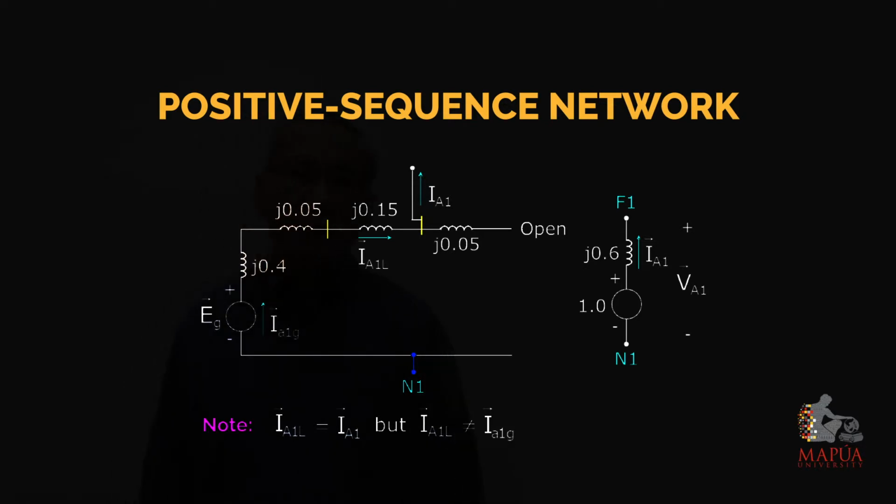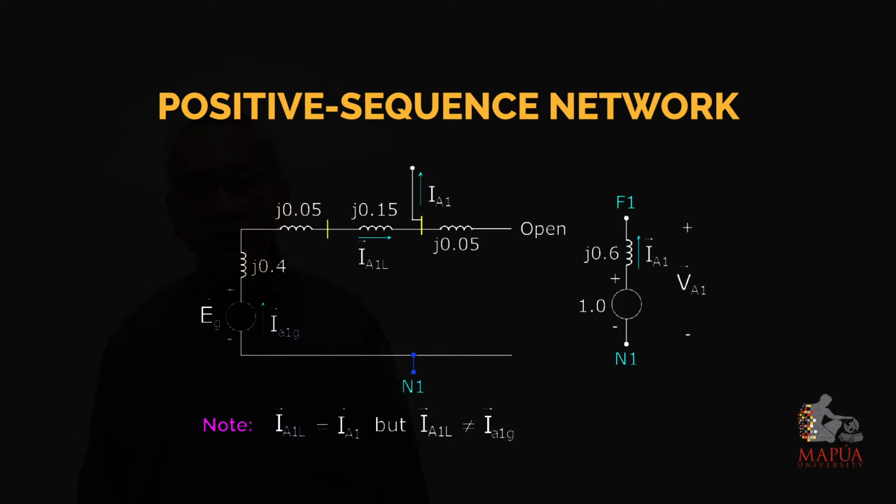This positive sequence network can be represented by an equivalent Thevenin circuit. You have the terminal F1 and the neutral reference N1.